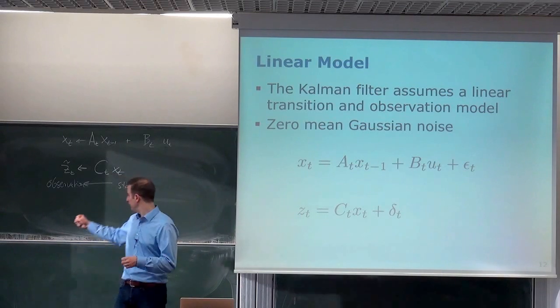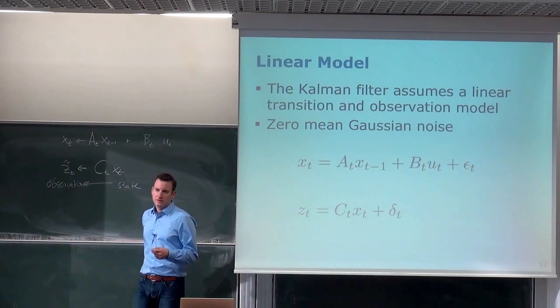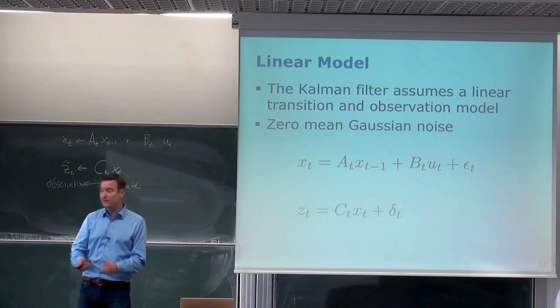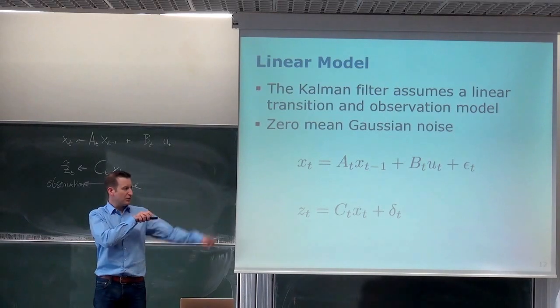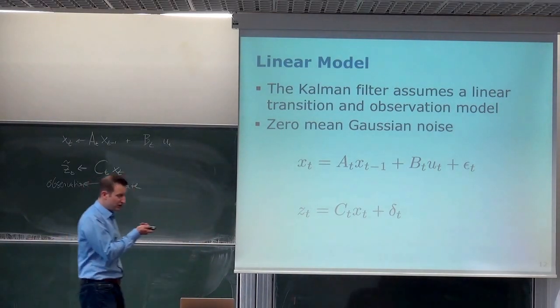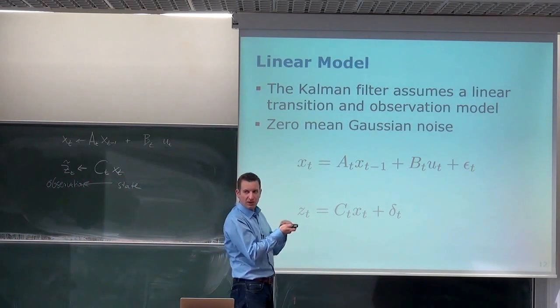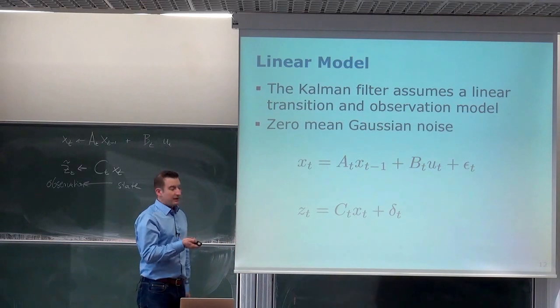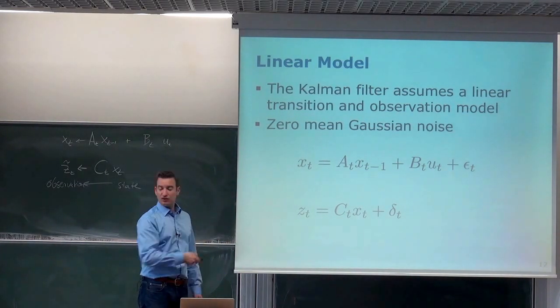So is this idea of an expected observation clear? Let's say as an example, I'm a mobile platform, I have my great 1D laser here, and I'm looking at this wall over there. Let's say I'm moving in a 1D world. So the only thing I measure is the distance to the wall from my current location, and I can move in my 1D world. So this matrix C needs to have the knowledge that there is a wall.